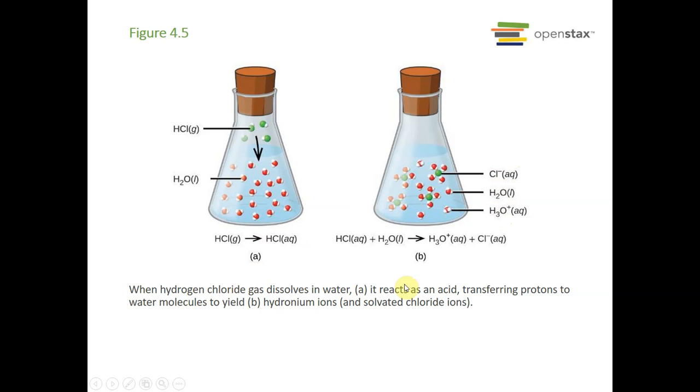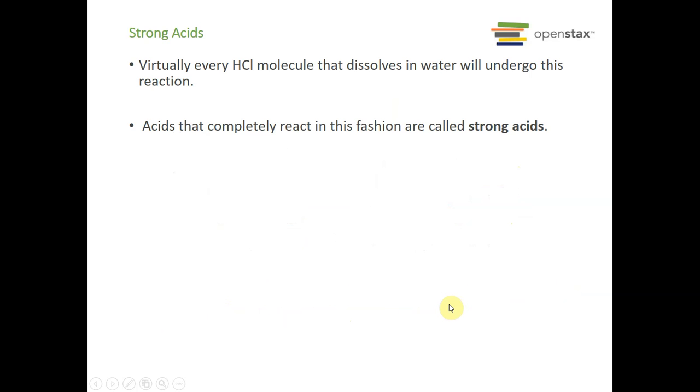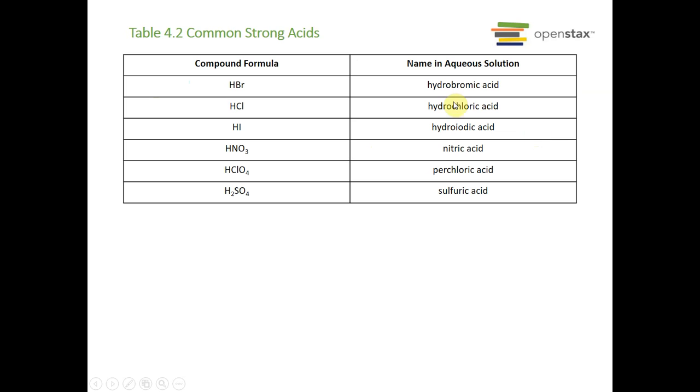When hydrogen chloride gas dissolves in water, it reacts as an acid, transferring protons to the water molecule to yield hydronium ions and solvated chloride ions. Virtually every hydrochloric acid molecule that dissolves in water will undergo this reaction. Acids that completely react in this fashion are called strong acids. And these are the common strong acids.